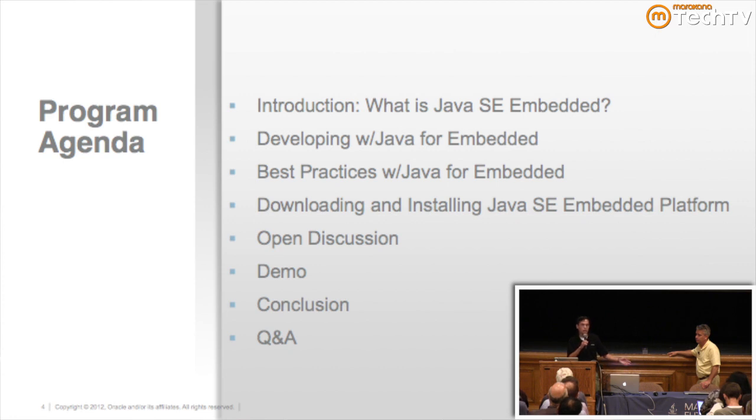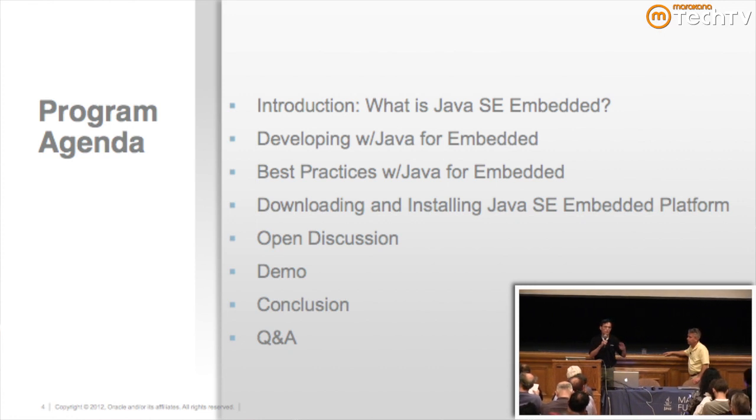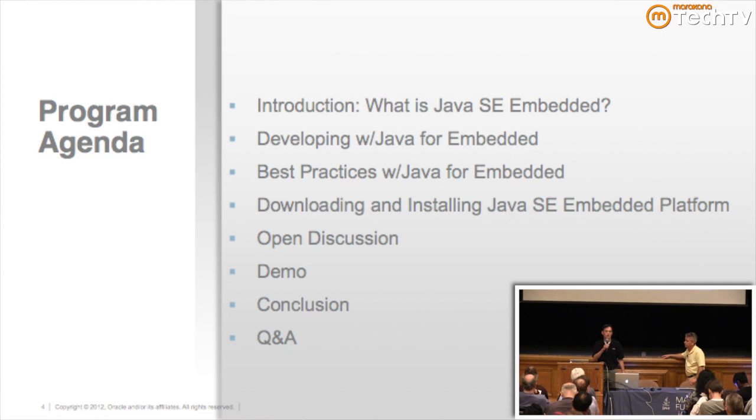Then Gary will take over the presentation, and he'll go over downloading and installing the Java SE Embedded platform for your Raspberry Pi. And he'll go through step by step. He's got some hints on how to get around some of the pitfalls that he's seen before. And then we'll have a discussion about that, and finally a demo, and open it up for questions. And we'll make sure to save time for James and his talk.